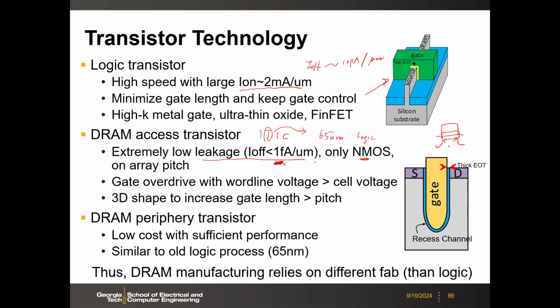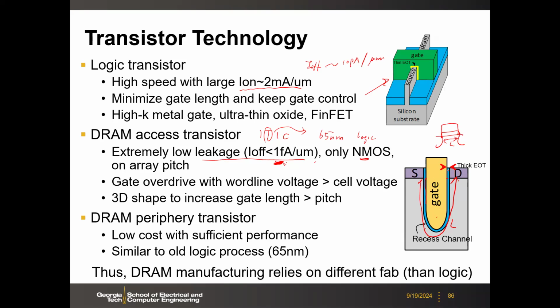But then in the previous logic transistor, this is your L. To minimize the leakage current, you need to increase L. So how do you increase L? You make this recessed channel. So the L is this one, right? So you intentionally increase the distance from source to the drain by recessing the channel, or recessing the gate into the substrate.